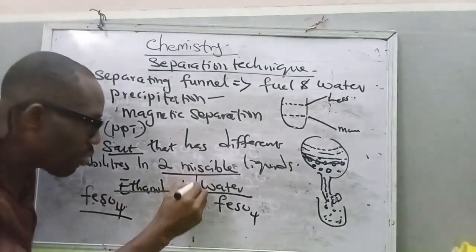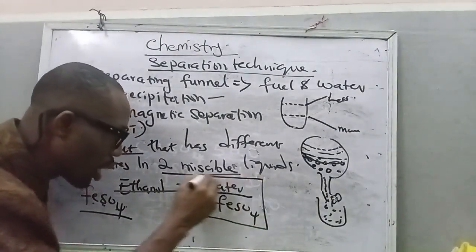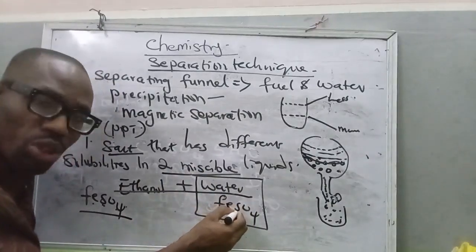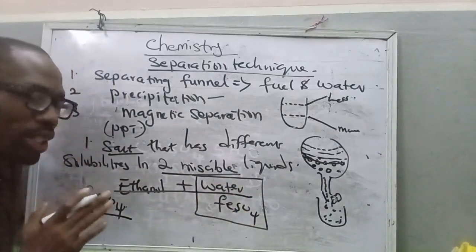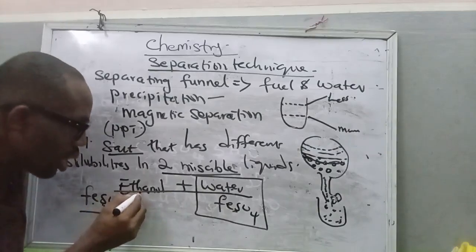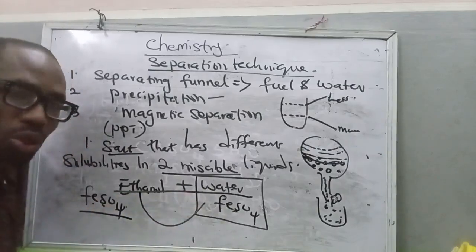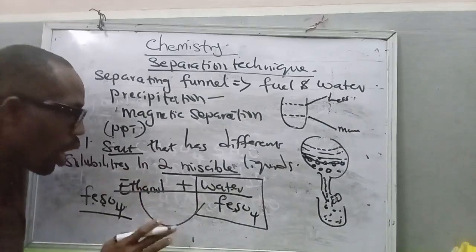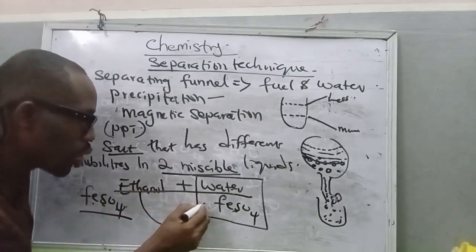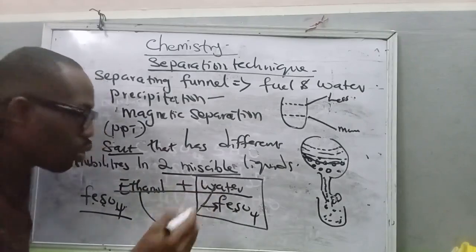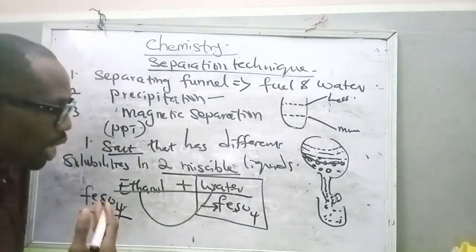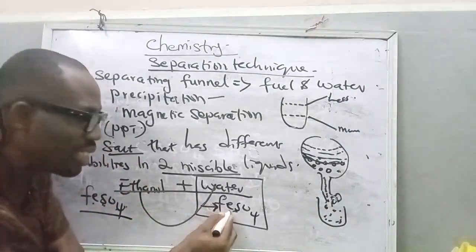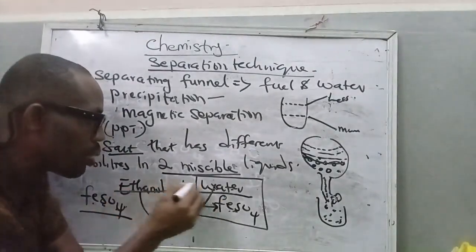Now, if I am going to separate this iron 2 tetraoxosulfate 6 from this water, all I need to do is to take ethanol and pour it into this solution that already has dissolved iron 2 tetraoxosulfate 6 in the water. What will happen is that this ethanol will mix with the water and precipitate iron 2 tetraoxosulfate 6. That's why we say precipitation has to do with separating a salt that has different solubility in two mixable liquids.